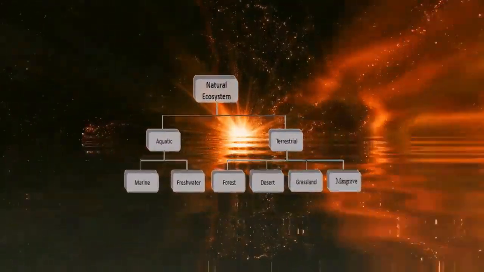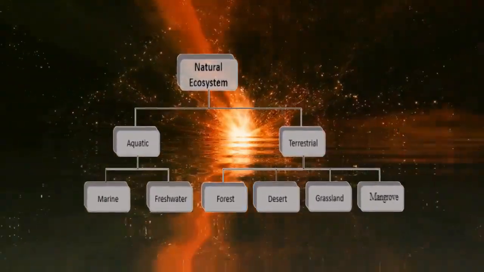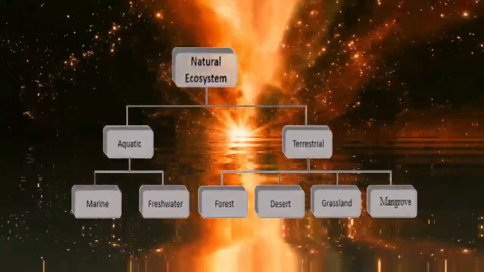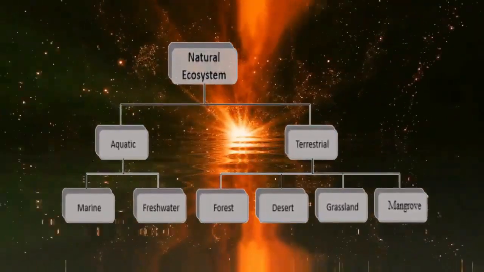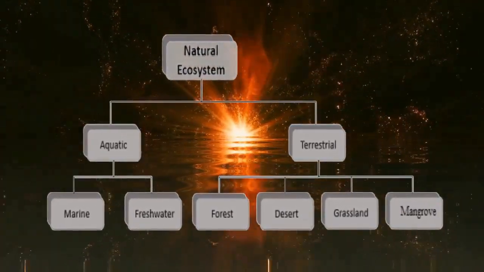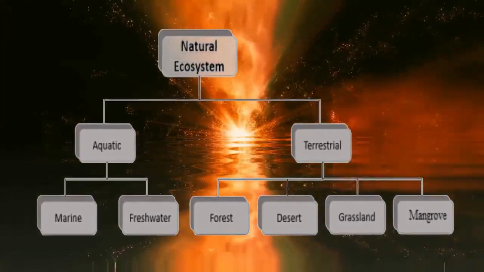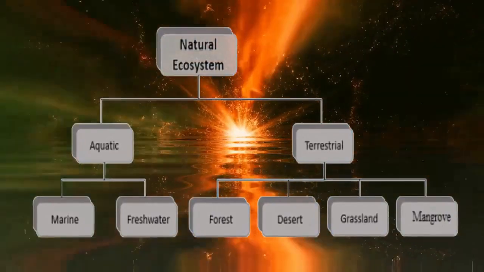Now after this we will be seeing that natural ecosystem, depending on its nature, is basically divided into two parts. One is aquatic ecosystem, another is terrestrial ecosystem, as you have already seen, right?